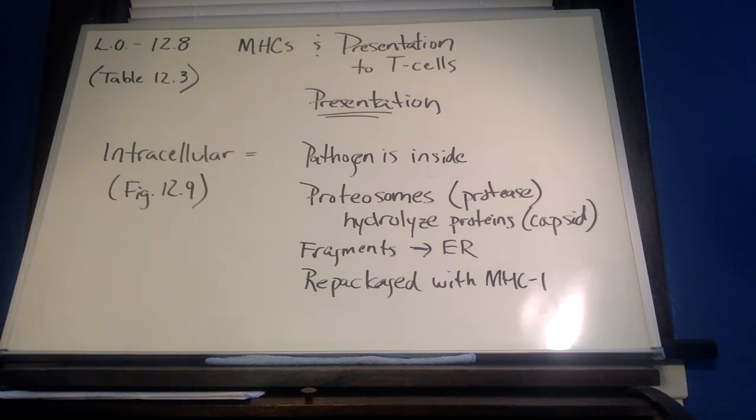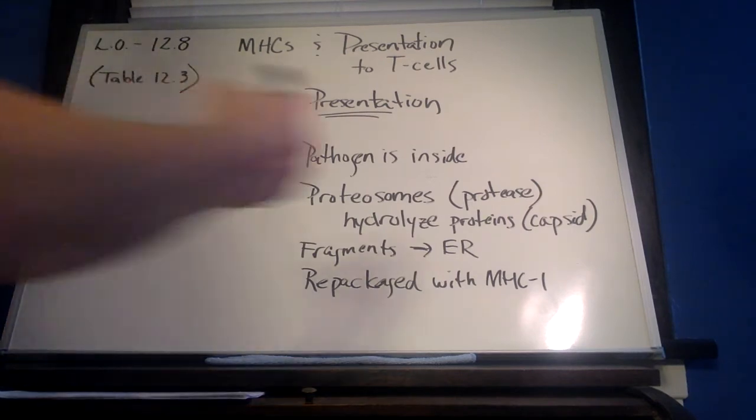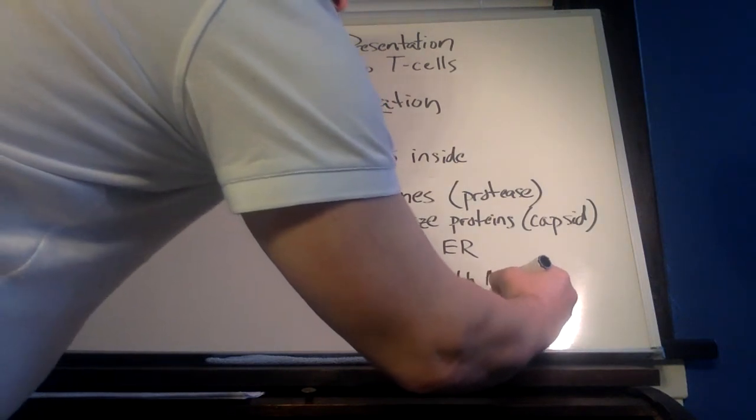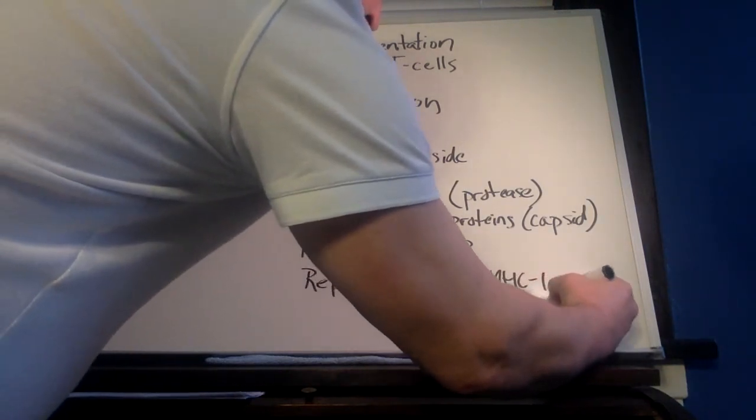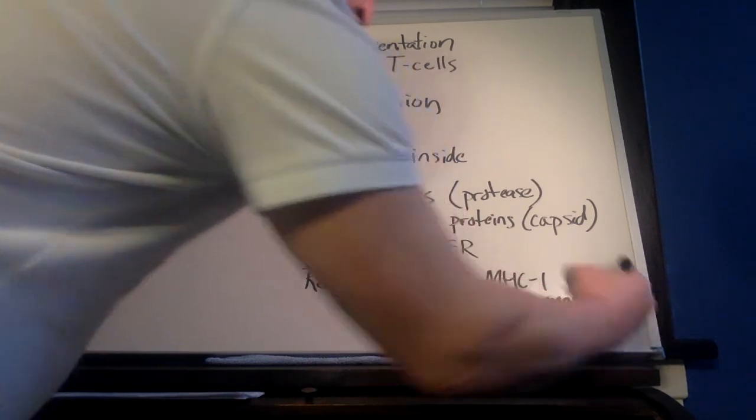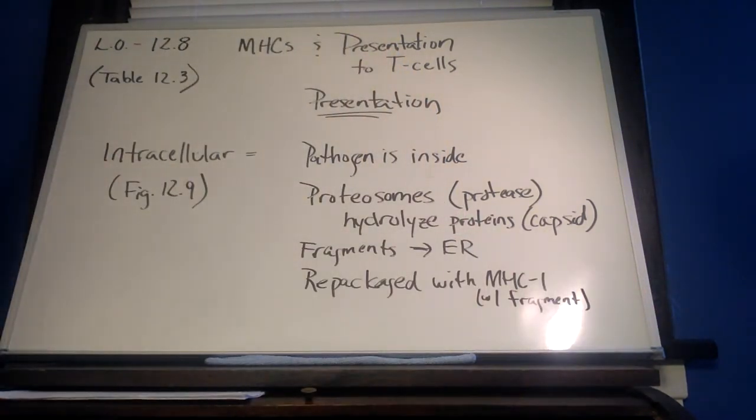So now I have a combination MHC protein with a little bit of a fragment. So in the picture, they show the fragment as the blue or purple triangle, and the two orange things coming off of it are your MHC1 antigen complex.